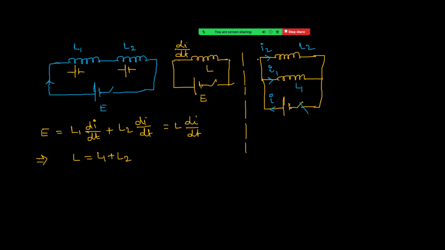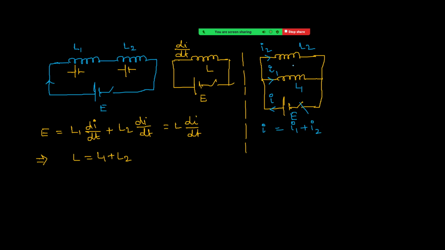So the first condition is I equals I1 plus I2. And if you observe carefully, since the current is changing, an EMF is induced across the inductor, and these two are in parallel with the battery. That means the EMF induced in this one should be equal to the battery's EMF.